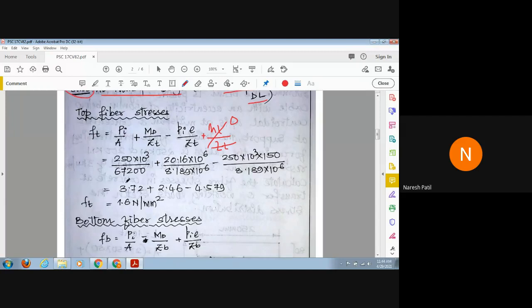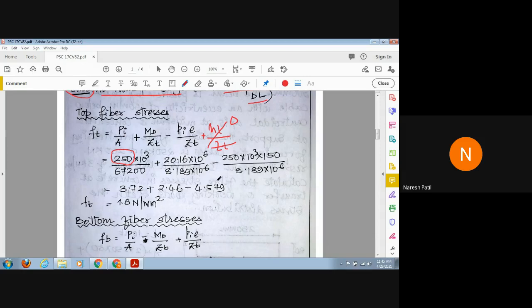Okay. So calculate. So important is here, we have to use 250 kilonewton because it is initial stage. So at initial stage only the dead load and pre-stress will be there. So we have to use initial pre-stressing force only. At transfer stage we have to use the initial pre-stress.